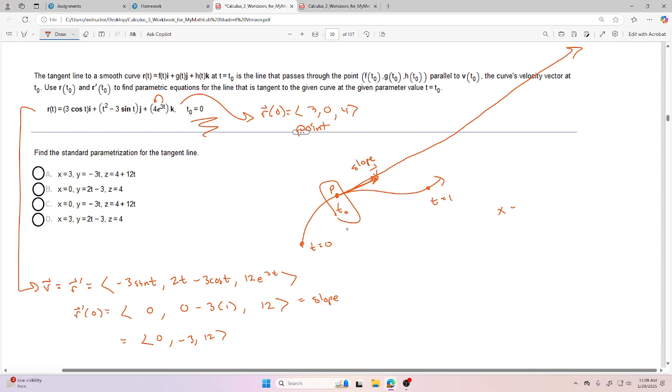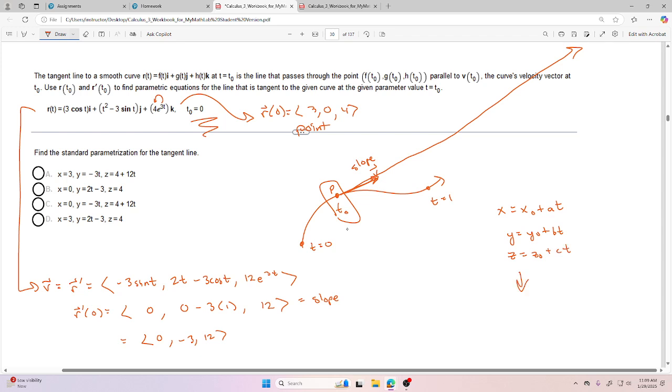And so my lines are going to be x is equal to x naught plus at, y is equal to y naught plus bt. B doesn't look very good. Let me try that again. Plus bt. And then z naught plus ct.